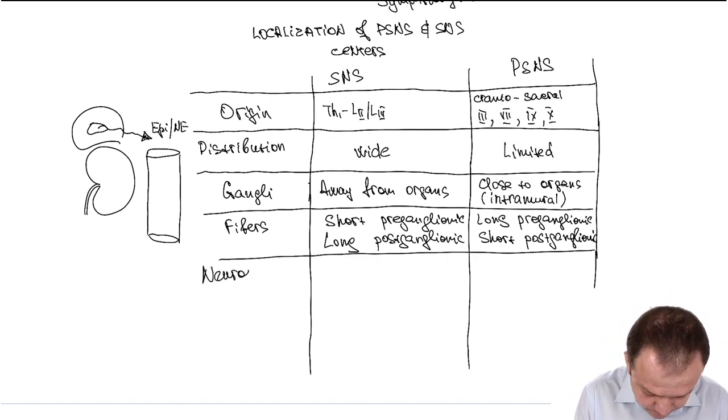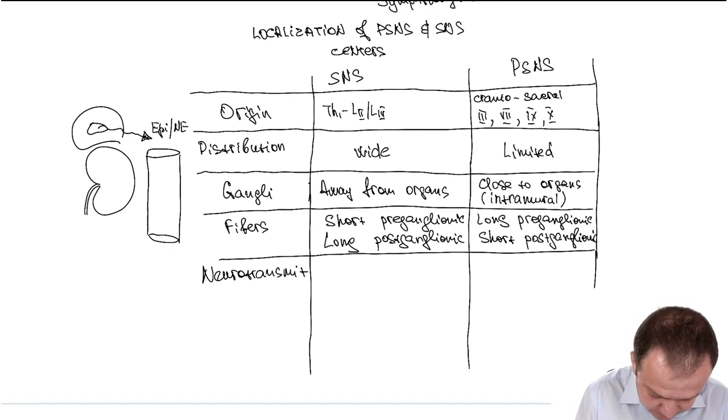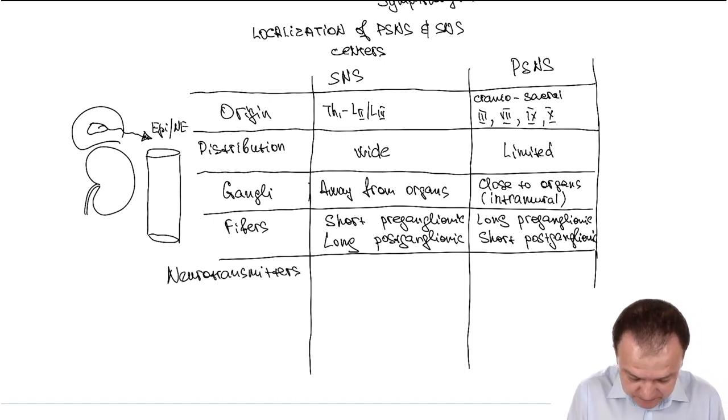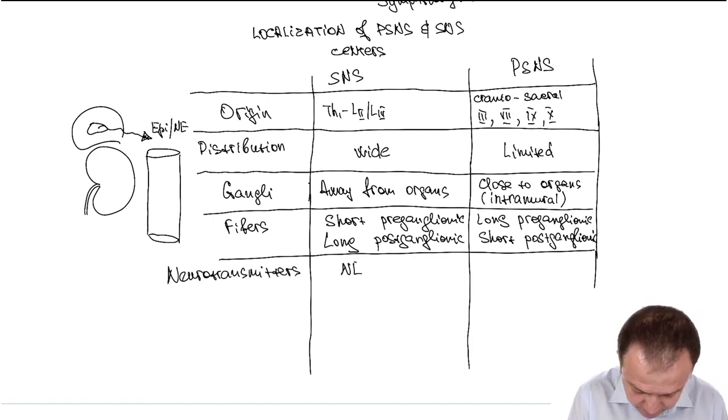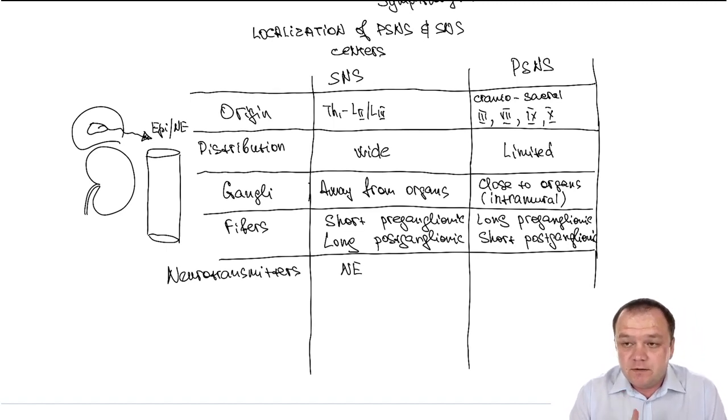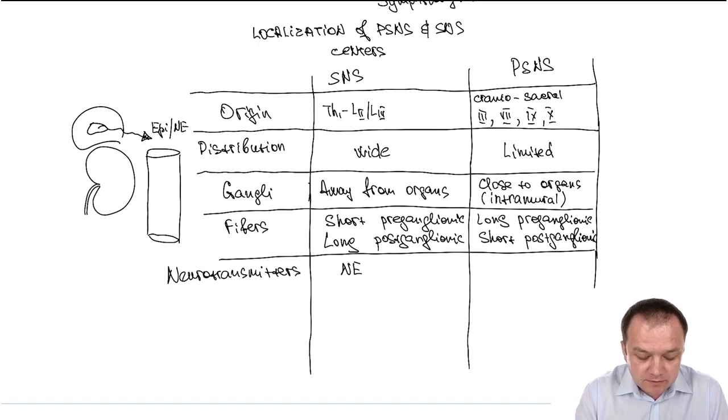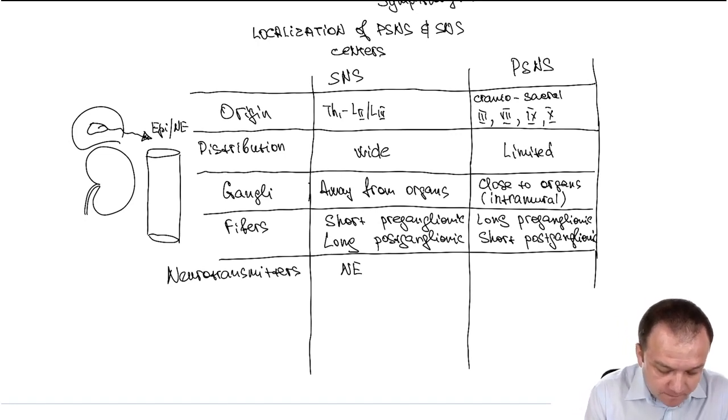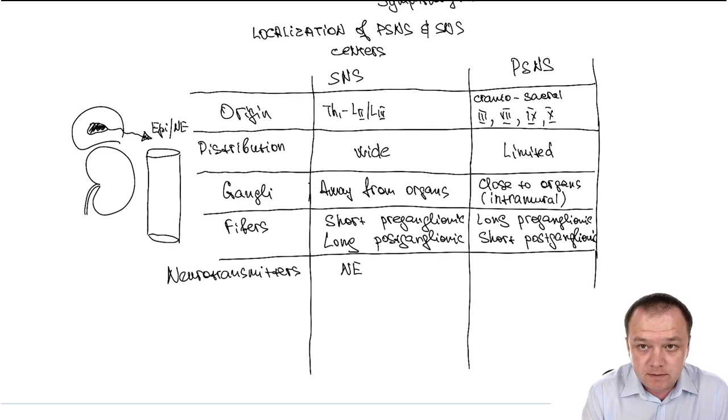Neurotransmitters. We already said that the major neurotransmitter for sympathetic nervous system is norepinephrine, because norepinephrine is the major neurotransmitter released from synaptic terminals of sympathetic nervous system fibers. Epinephrine is released, as we see, from adrenal medulla, from here.